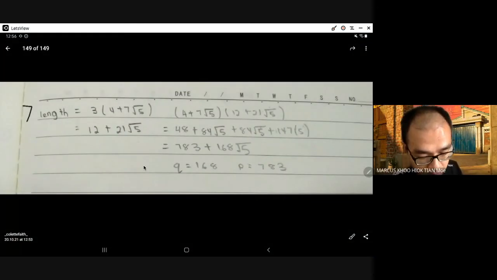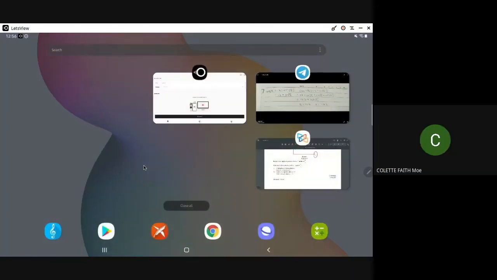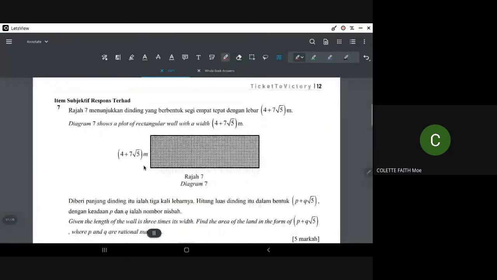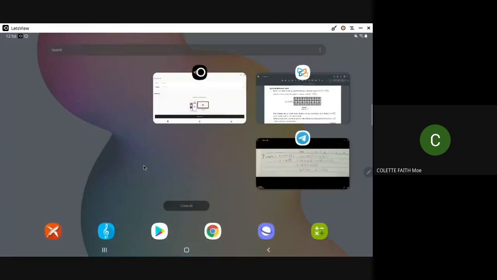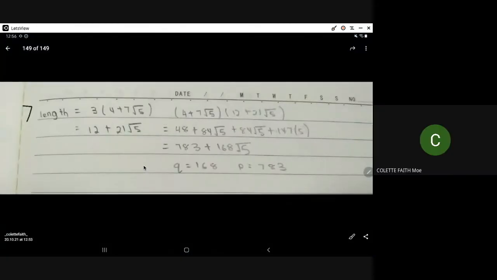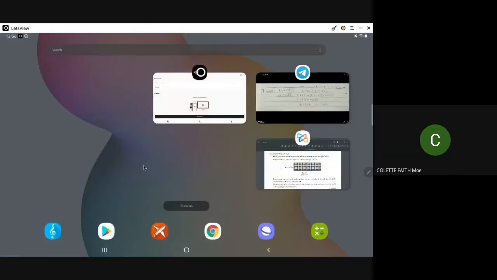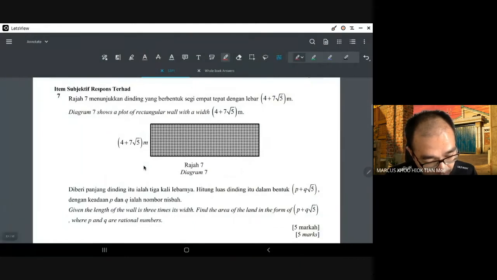All right, Colette, you want to explain what's happening here? So the length is 3 times the width. So times 3 to the width, and then you get that. And then it wants to find the area, so length times width, and you get the answer. Where P and Q are rational numbers.